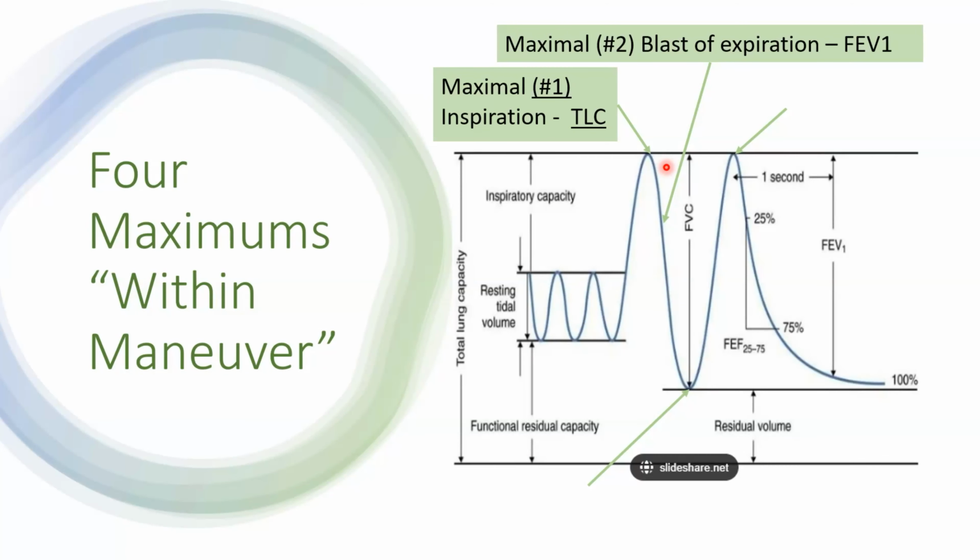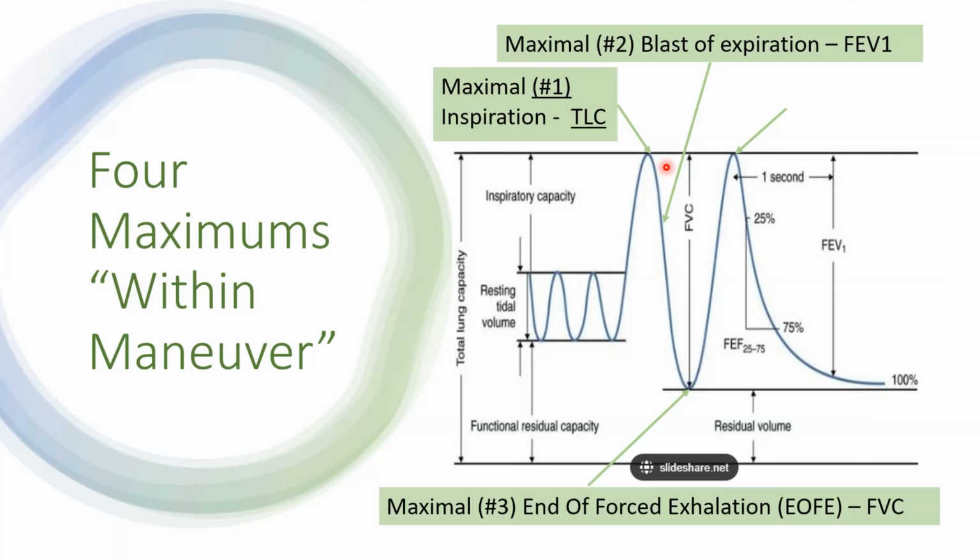Continue to expire until completely empty, continue up to a maximum of 15 seconds, brings us to our maximum number 3, end of forced expiration. Old term, end of test, no longer applies. And from the end of forced expiration, or EOFE, we get our forced vital capacity.